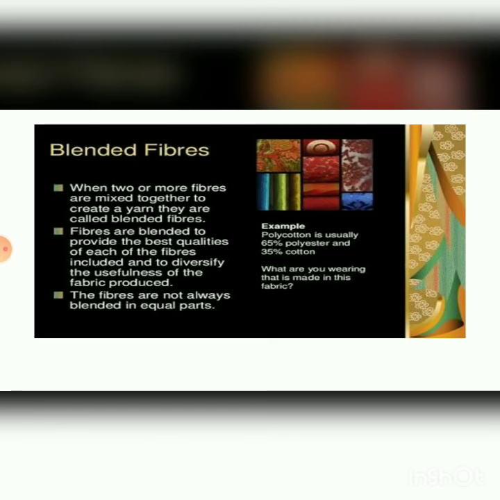It is not necessary, children, that the blending has to be done in equal proportions. For example, polycotton consists of 65% polyester and 35% cotton.